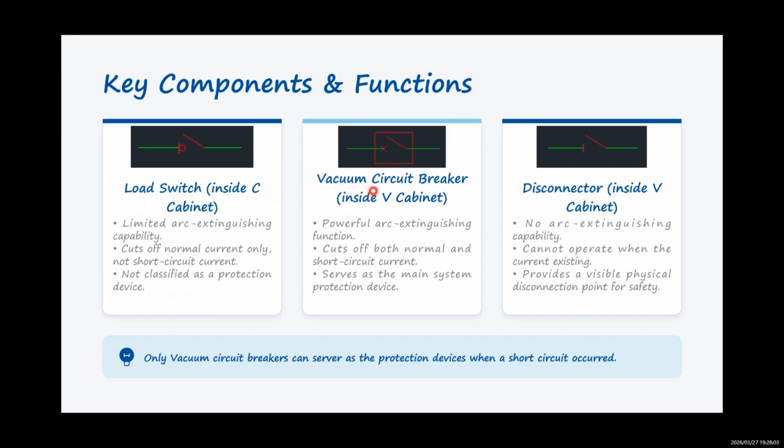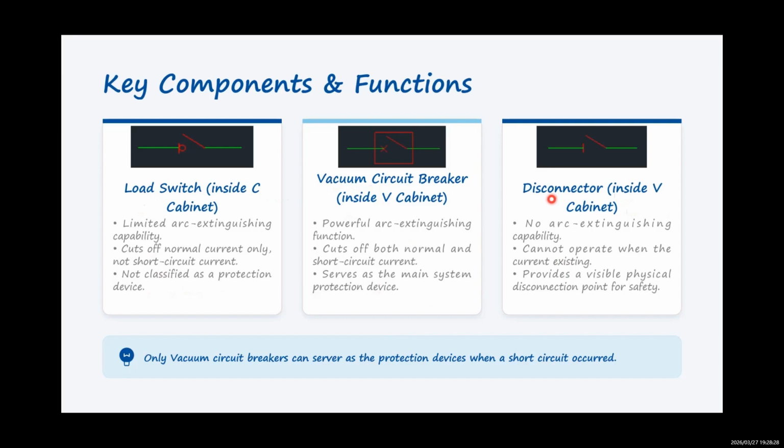The vacuum circuit breaker is inside the V cabinet. This device has a powerful arc extinguishing function. It can cut off the normal current and short circuit current. It is the main protective device of the system. Next, the disconnector is inside the V cabinet.